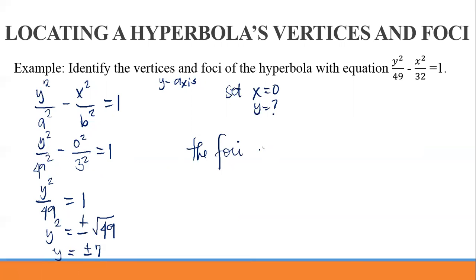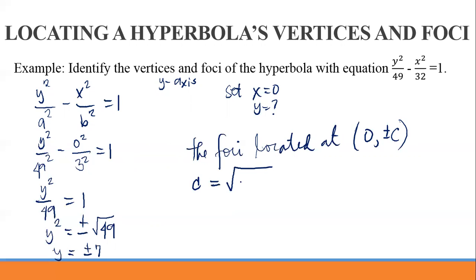are located at 0 plus and minus c. Okay, so solving for c is equal to the square root of a squared plus b squared. So this is equal to 49 plus 32. And this is equal to square root of 81, and that is 9. Okay?